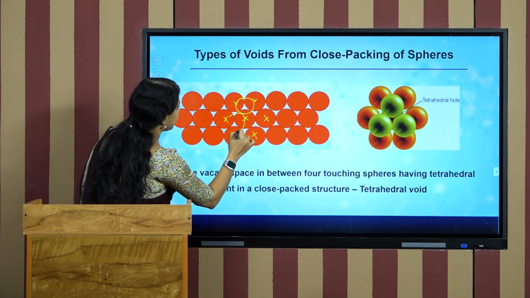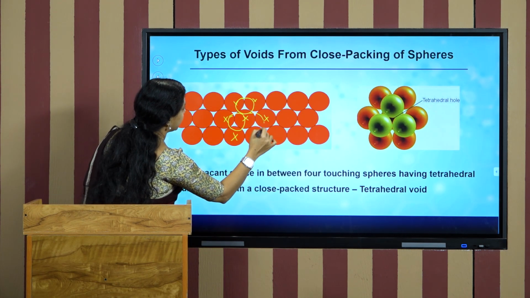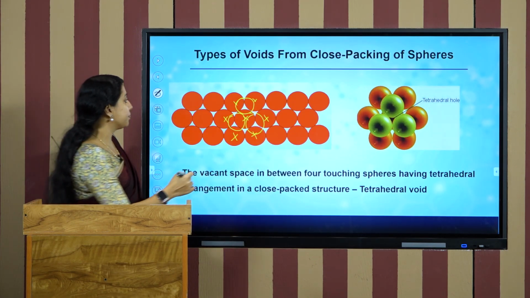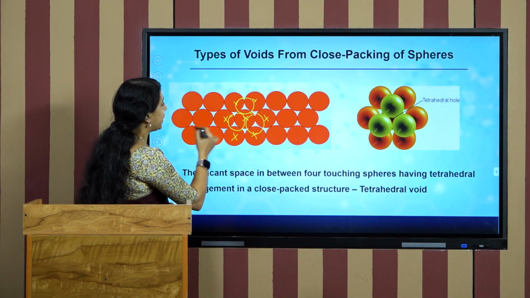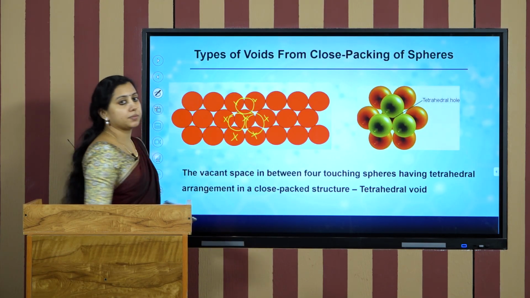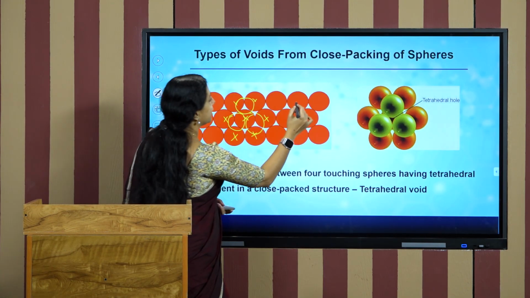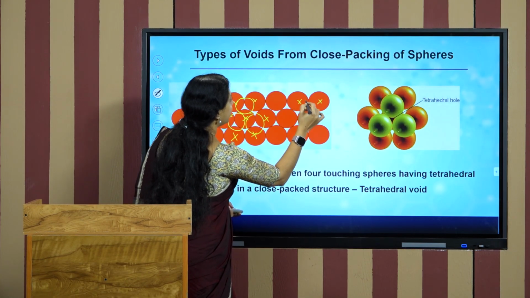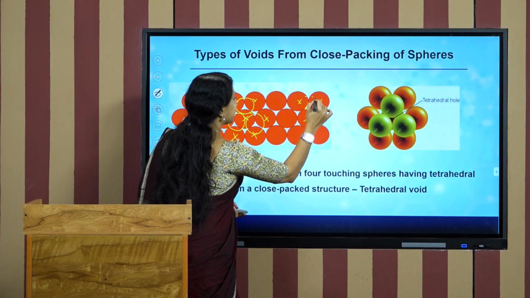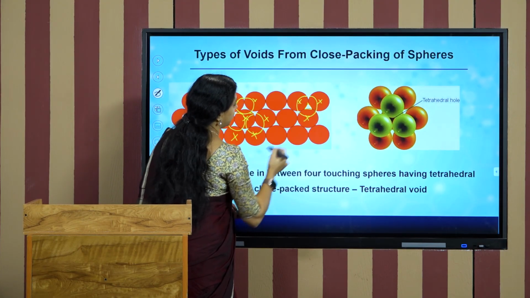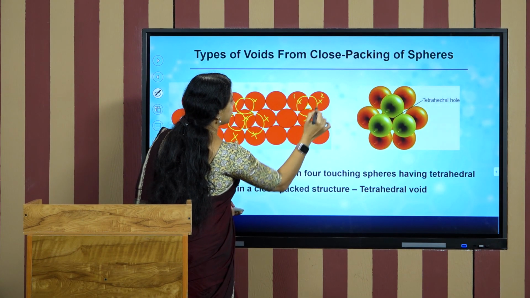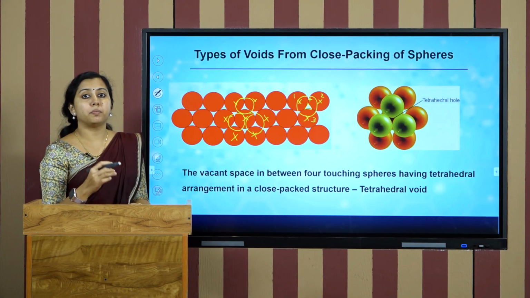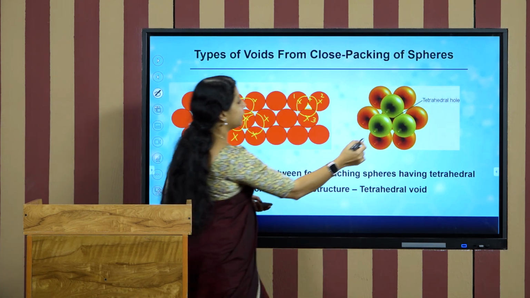Similarly, we place one here or here, then we can see that a hole will be created by 4 such spheres. If we consider these 3 spheres, there is a triangular hole, and if we place another sphere on this void, there are 4 spheres, and still there will be some vacant space in between, as you can see here.